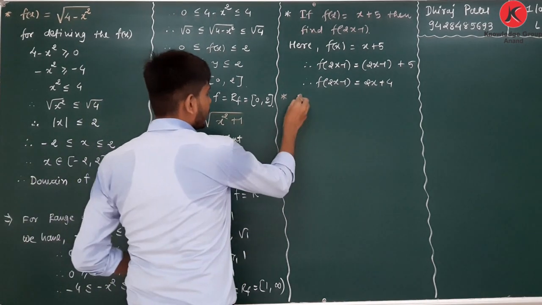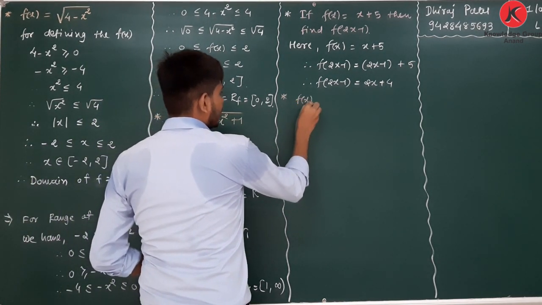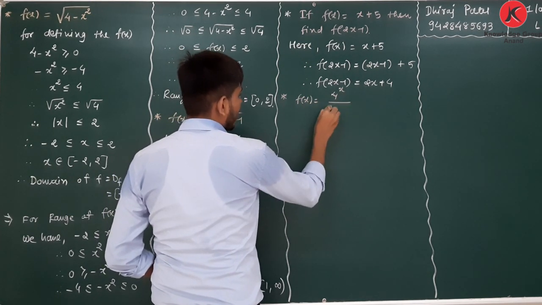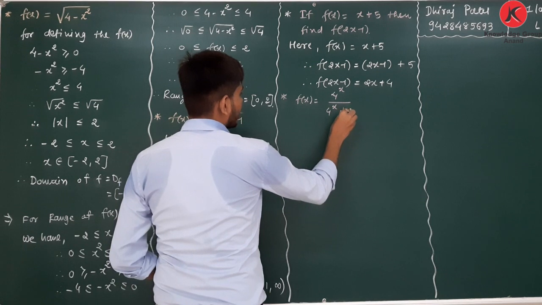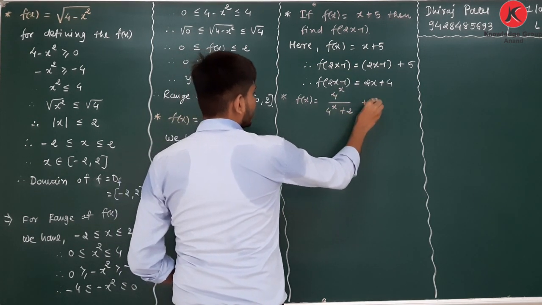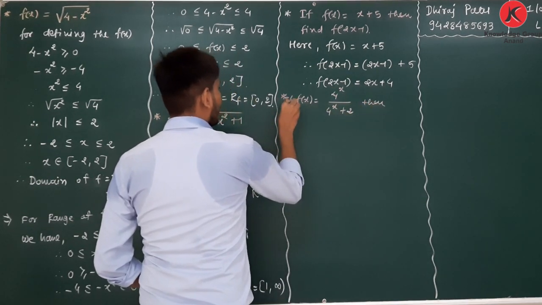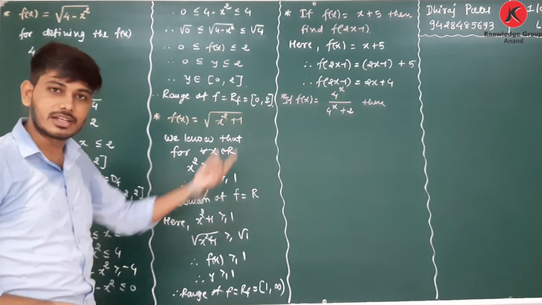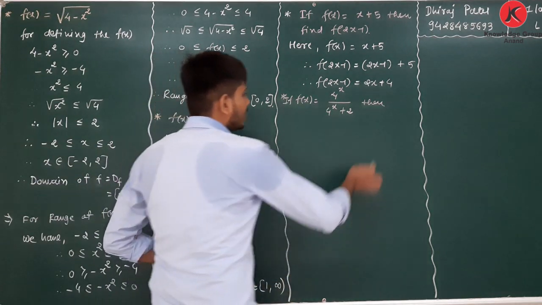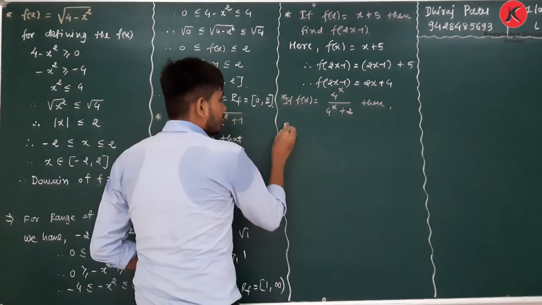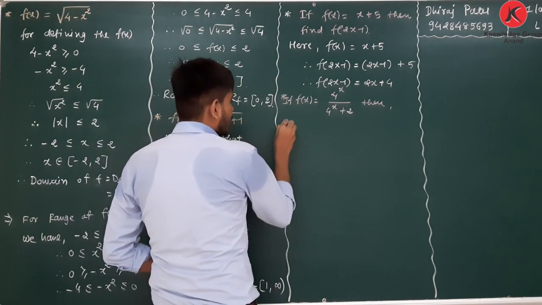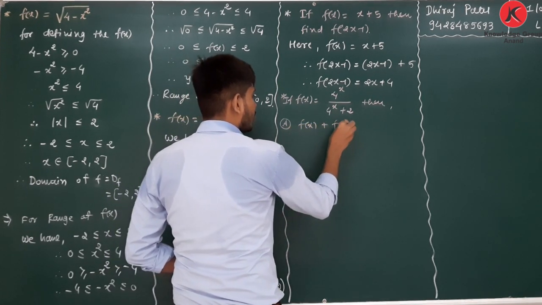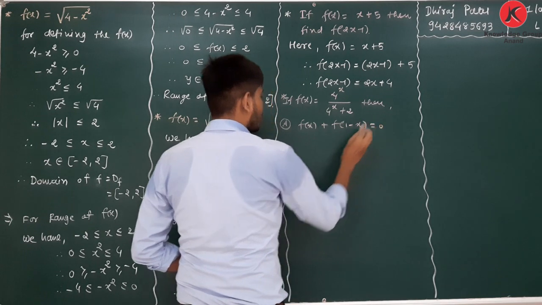Now here is a good question that was asked in JEE, I think in 1997. The question is f of x equals 4 raised to x divided by 4 raised to x plus 2. If f is from R to R, it is not given but we should understand that it is R to R. The function is defined, no problem. Then which one is the correct statement? Option A is f of x plus f of 1 minus x equals 0.